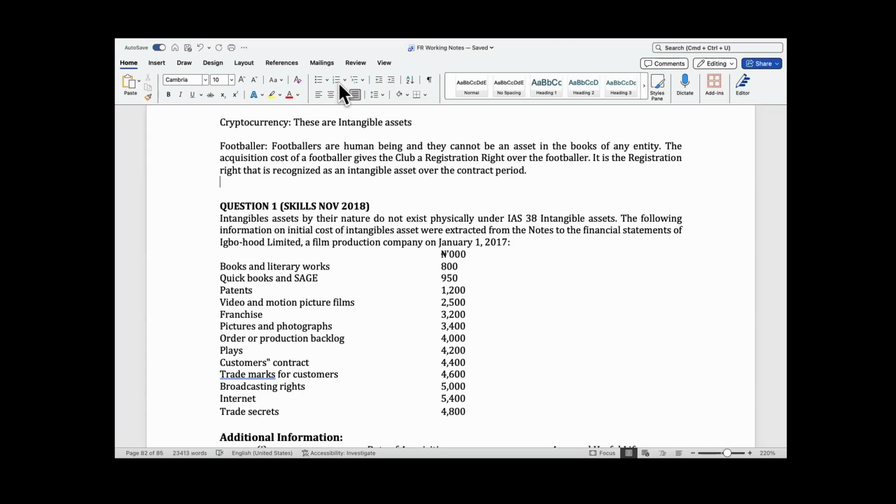Any cost you incur after the criteria are met would be capitalized as a development cost. So there is really nothing like work in progress intangible as far as IAS 38 is concerned, except if what they mean is development cost.